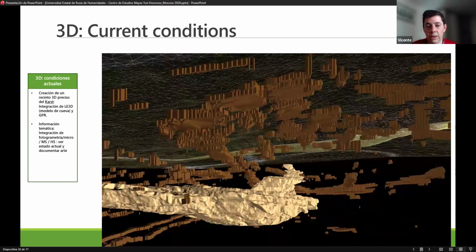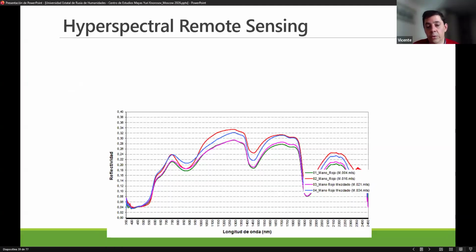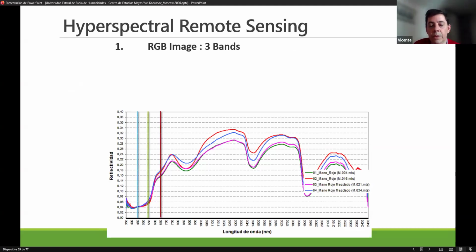So this is 3D laser scanner, photogrammetry, GPR. So we are documenting the cave, but if we are documenting art, usually we take pictures. When you take a picture, you are recording 3 bands: one red band, one green band, and one blue band.